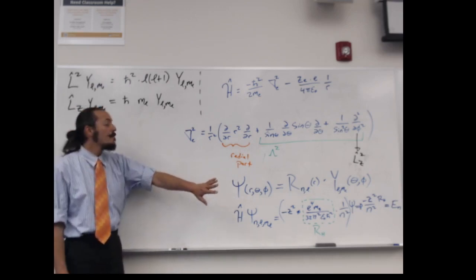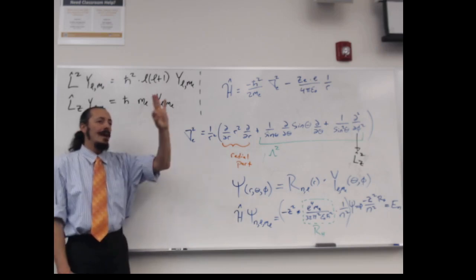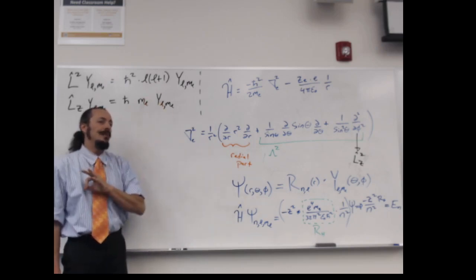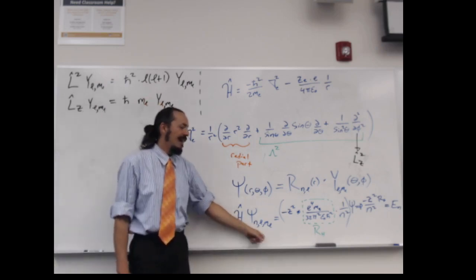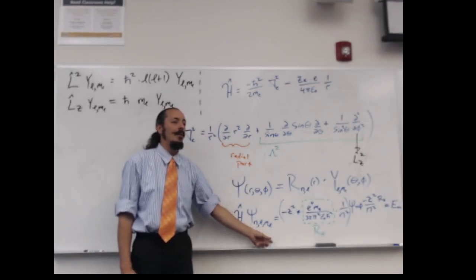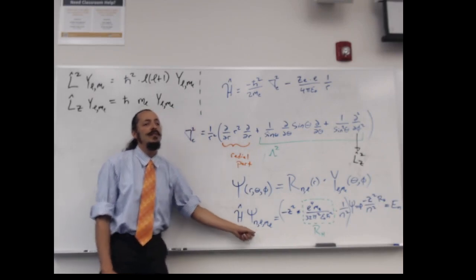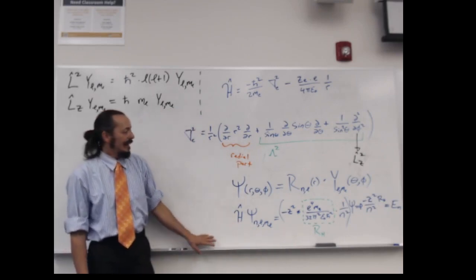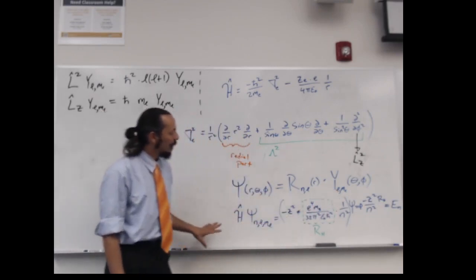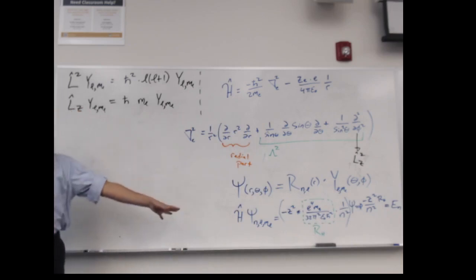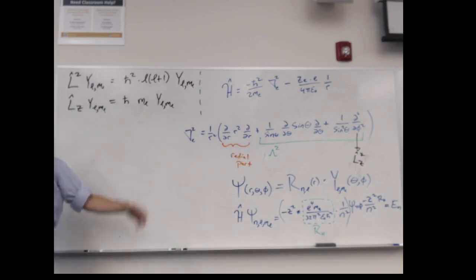So from the boundary conditions of the problem, we end up with 3 quantum numbers: an N, an L, and an M sub L. The L and the M sub L are things that we've seen before. We've got this new quantum number N. And it turns out N is the only thing that affects the energy for this case when we've got the single electron system.